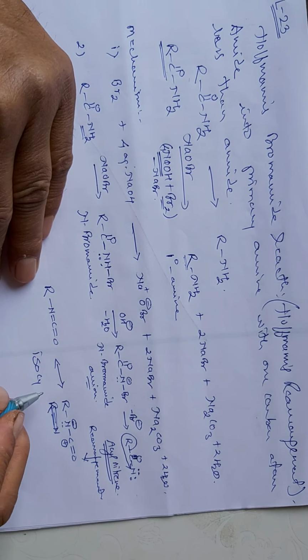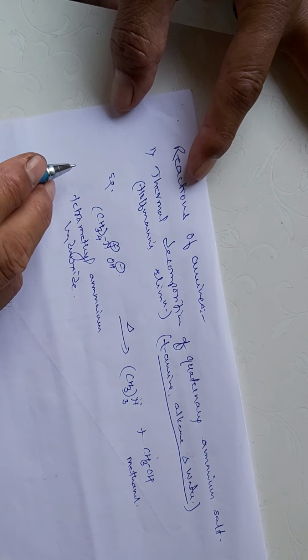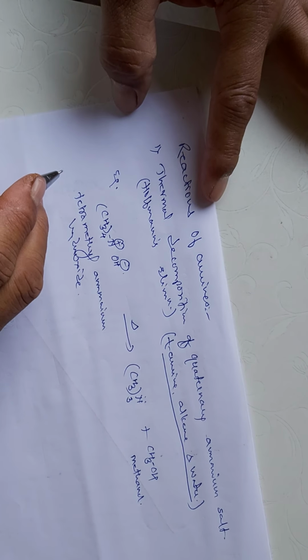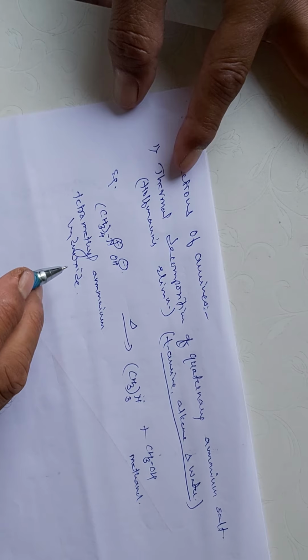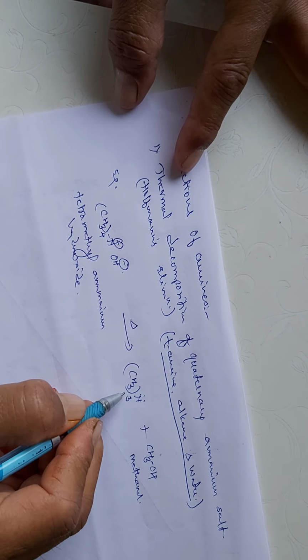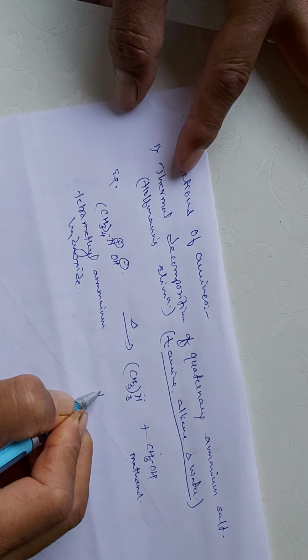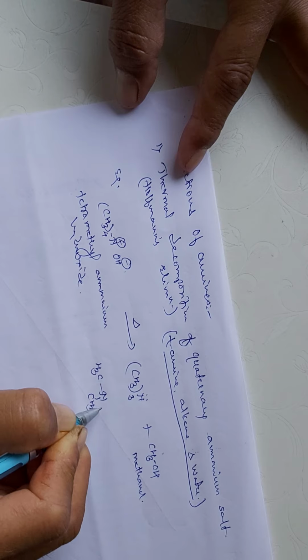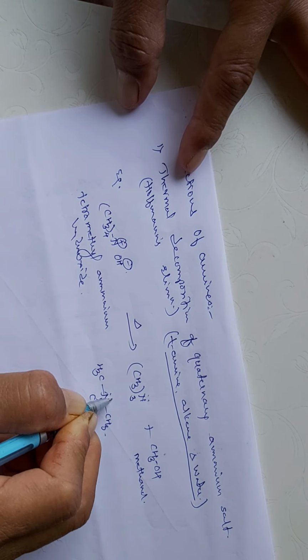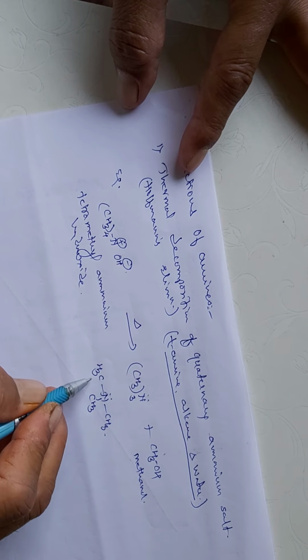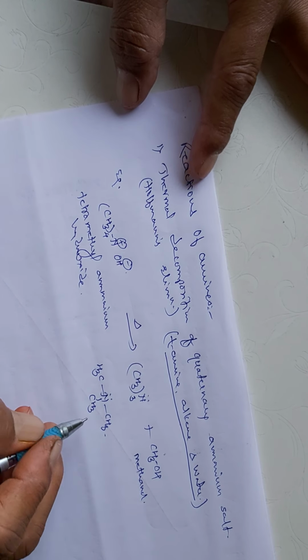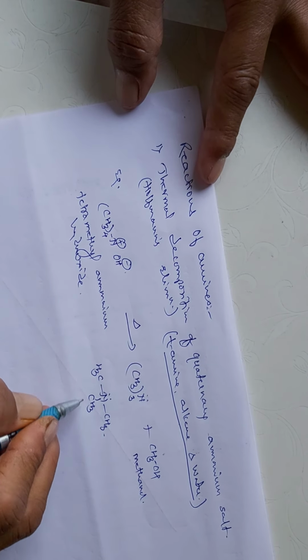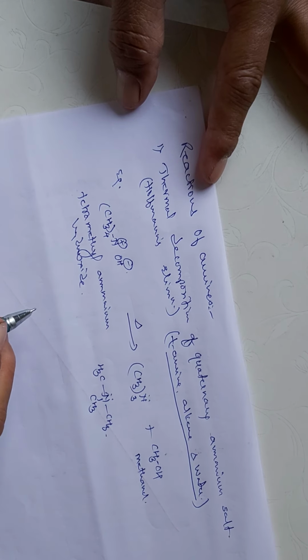Any other group which contains more than two carbon atoms, 2, 3, 4 carbon atoms, gives the formation of an alkene and water. When we see the structure of the trimethylamine, there are all alpha hydrogen atoms. There is no acidic proton attached here, and so the elimination cannot take place.